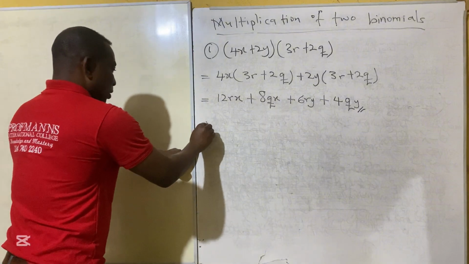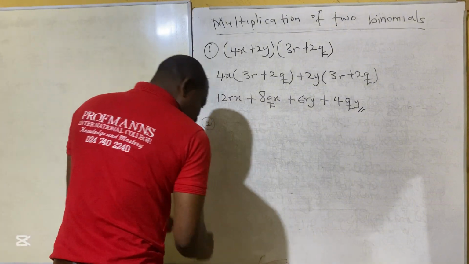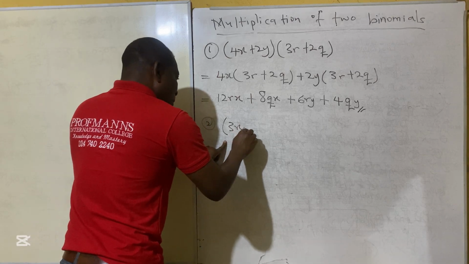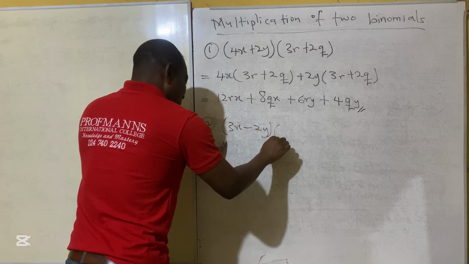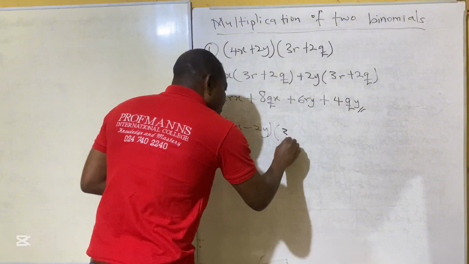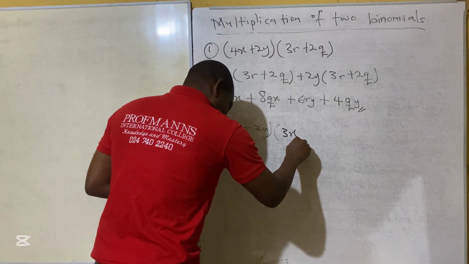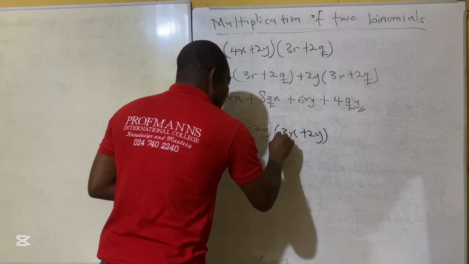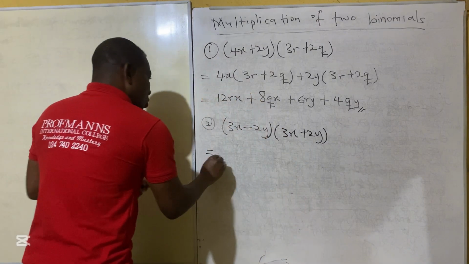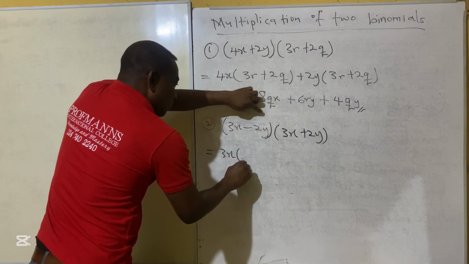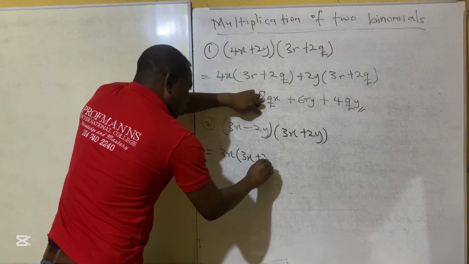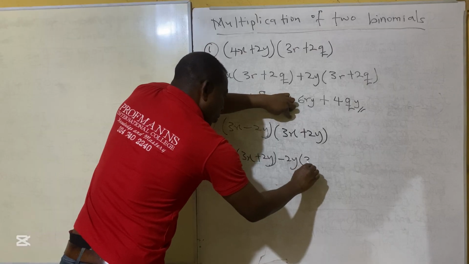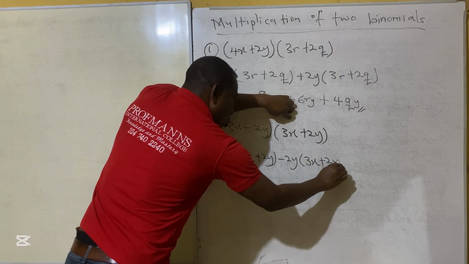So let's look at number 2. For the second one, we have bracket begins 3x minus 2y. And then we have another bracket 3x plus 2y. So 3x times 3x plus 2y, then minus 2y into 3x plus 2y.